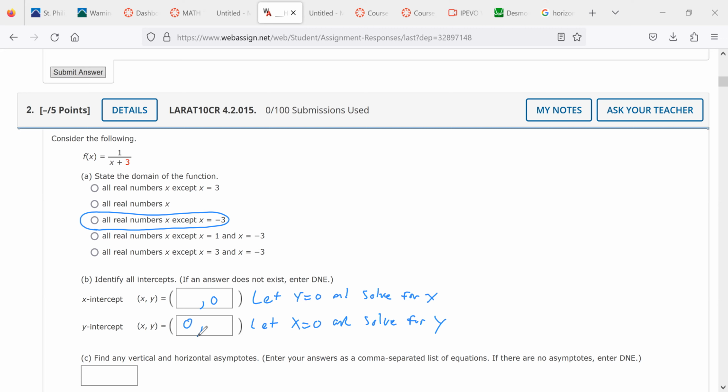Vertical. What is the vertical asymptote? You can do that real quick, right? Yeah.